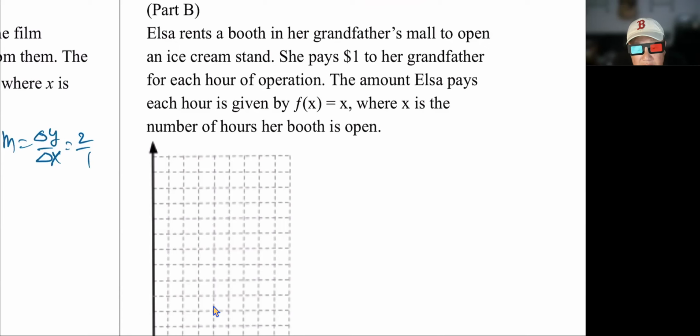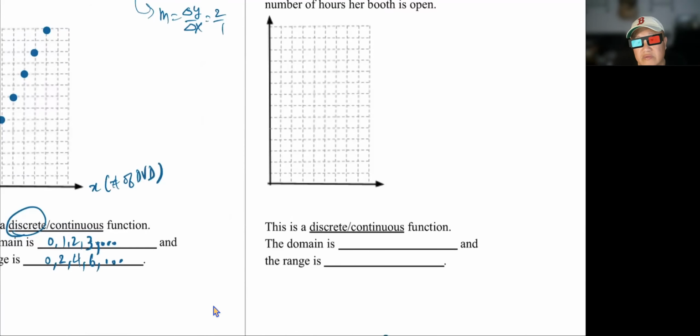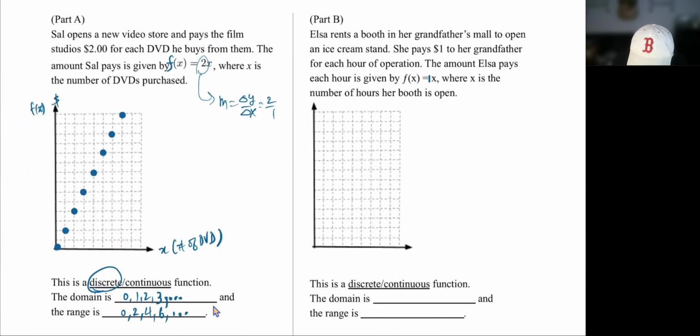The amount Elsa pays each hour is given by f of x equals x, because 1 times x is still x, and x represents the number of hours her booth is open. Is this discrete or continuous? Is the value continuously occurring, or is it like counting? The keyword here is each hour that it is operating.